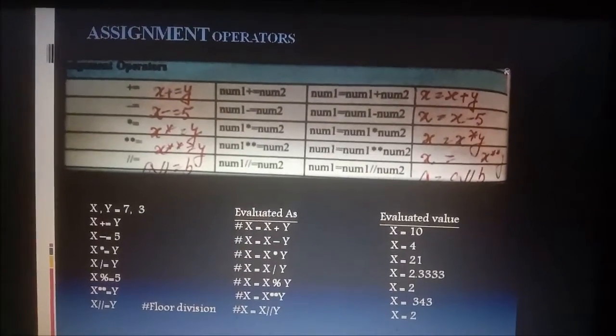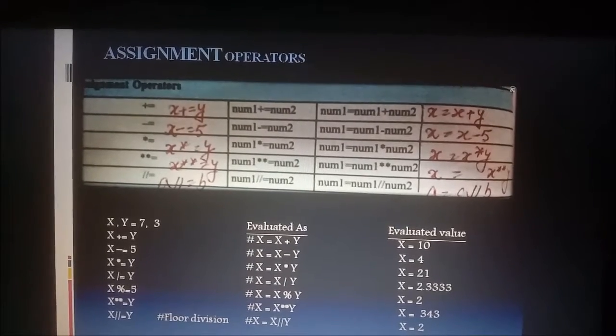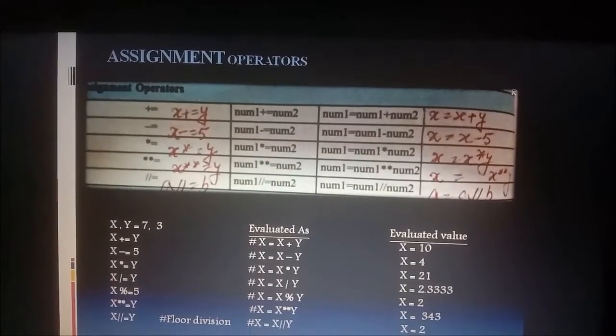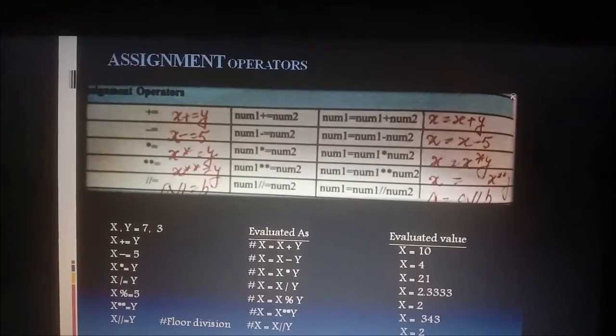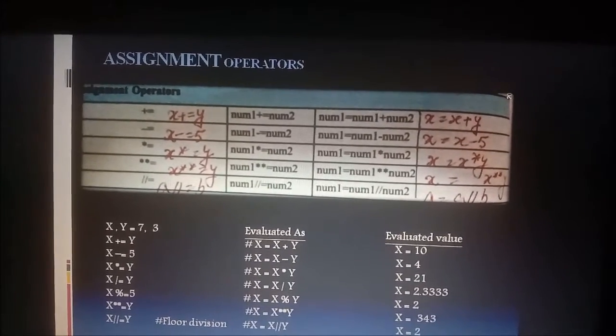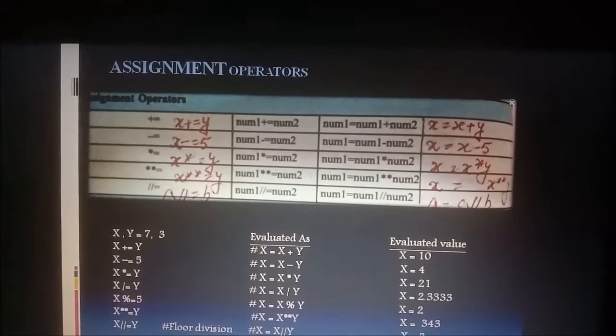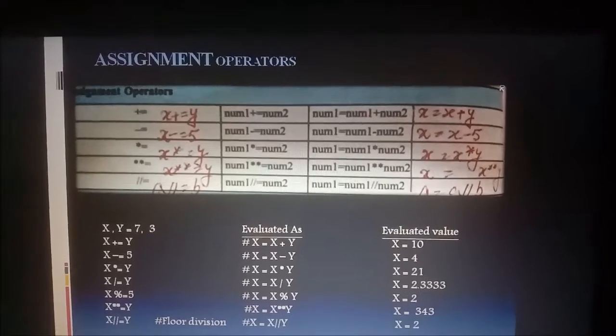That's why they are also said to be augmented operators. Now we have x plus equals, x minus equals, x star equals, x double star equals, and so on, finally x double slash equals to y.